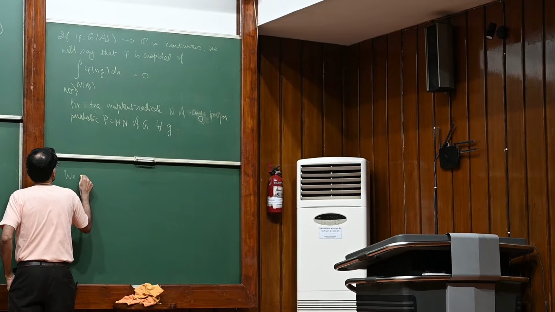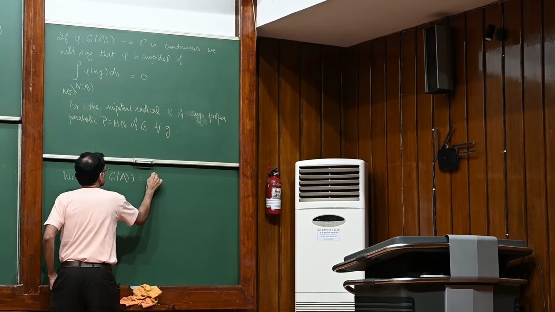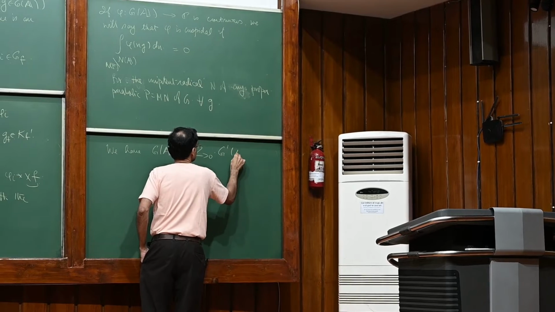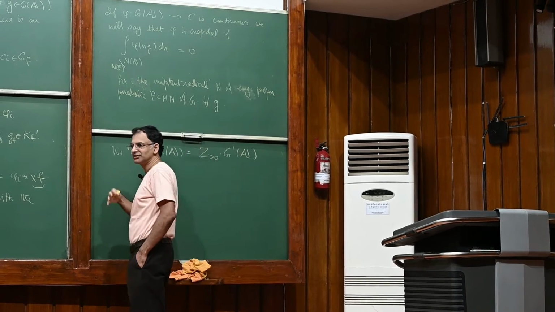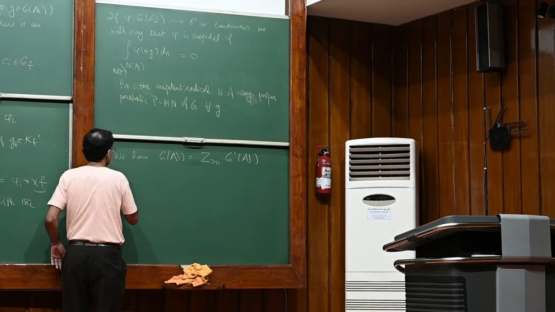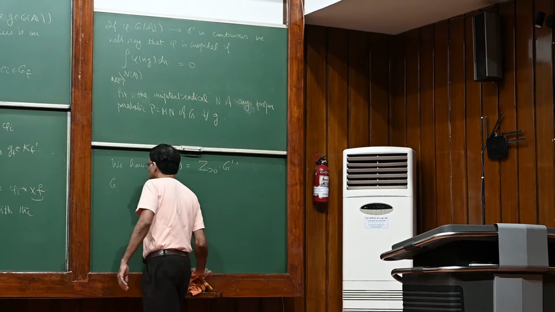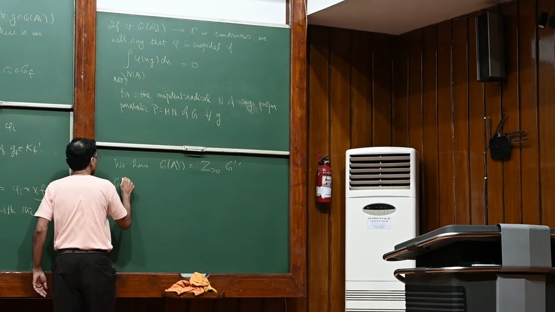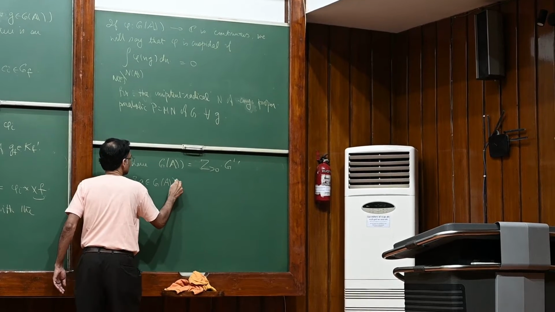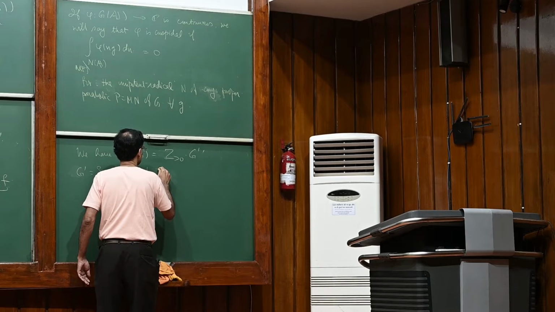So recall, G_A equals Z greater than 0 and G1A. In that particular case, it was defined as the intersection of the kernel of some characters and so on, but here, since we are in the GL_n situation, I just get G1, not G1A. So this G1 will be simply defined as g in G_A such that the determinant of g is a unit.